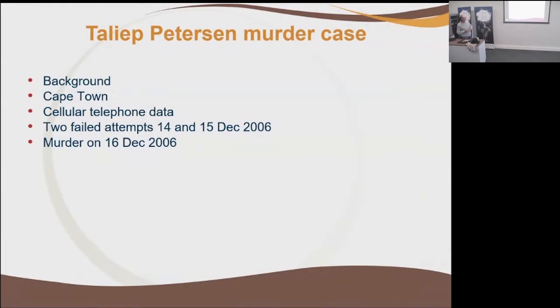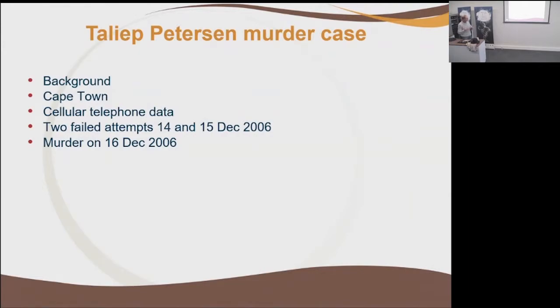And he married Nashville Petersen, and somehow along the way the whole thing went high wire, and she wanted to get rid of him. We used cellular telephone data to reconstruct the events around it, the organization of the hit, and so forth.